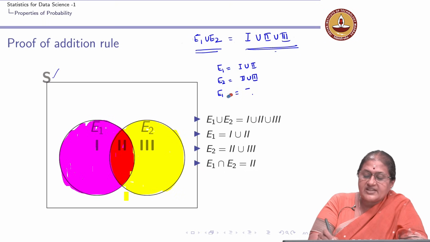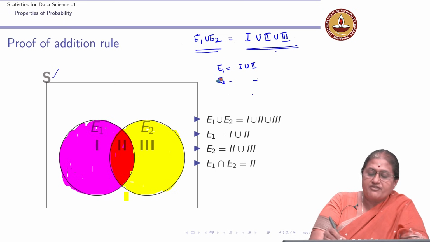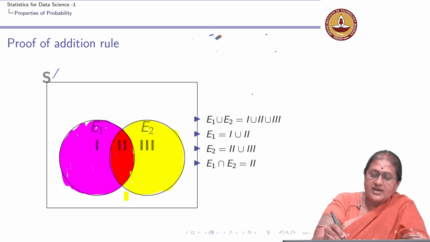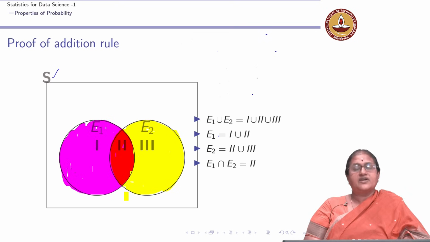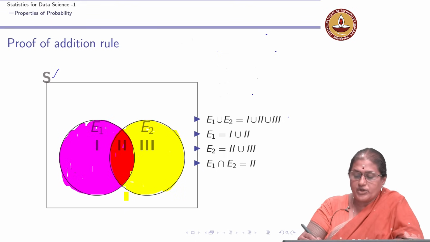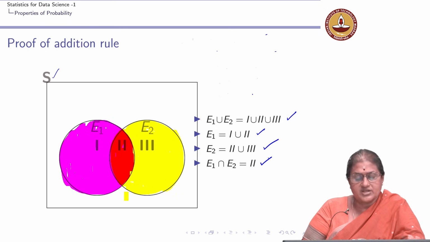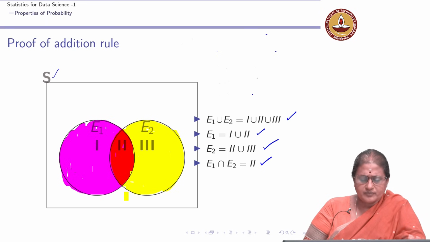So, these are the things we can see from the given diagram, and that is what we have typed: E1 union E2 is 1 union 2 union 3, E1 is 1 union 2, E2 is 2 union 3, E1 intersection E2 is 2.